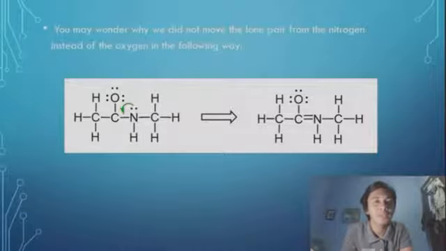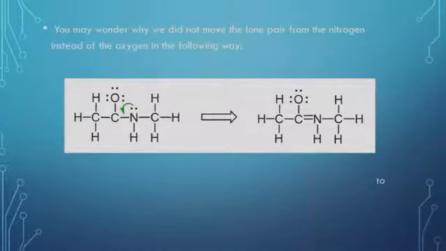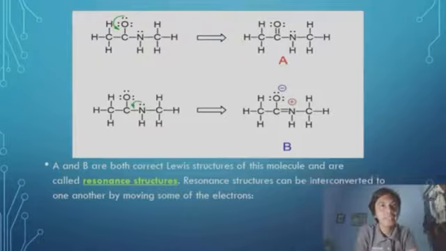For example, we could have moved either of these lone pairs. A and B are both correct Lewis structures of this molecule and are called resonance structures.